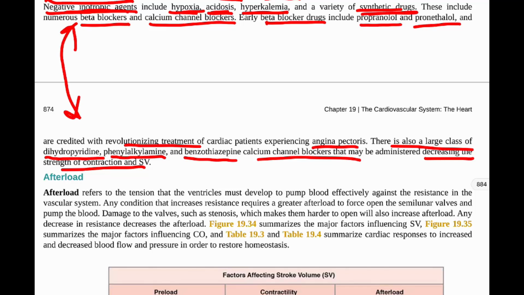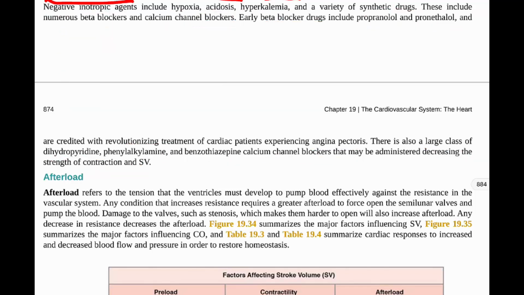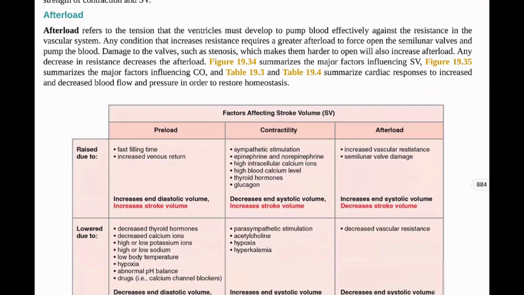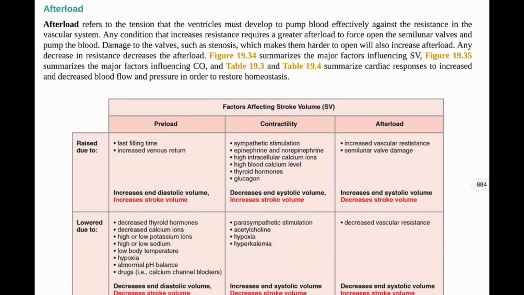So remember, the third part of the stroke volume that we're talking about is afterload. Afterload refers to the tension that ventricles must develop to pump blood effectively against the resistance in the vascular system. What they're working against here is called the afterload.